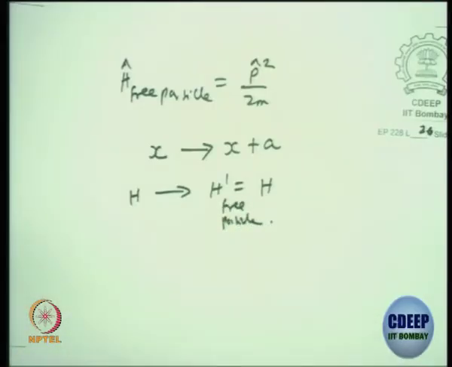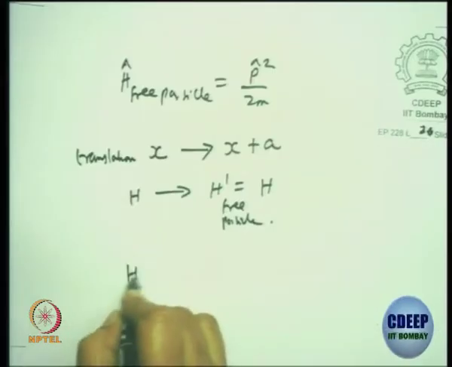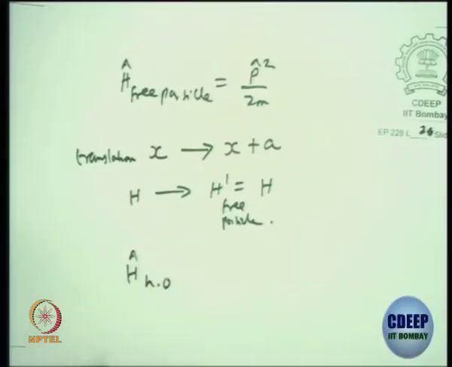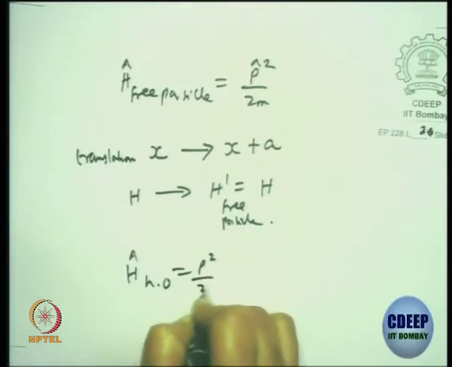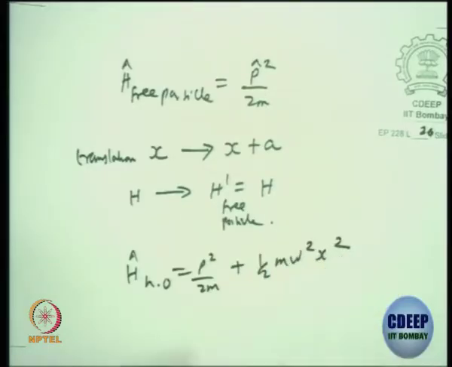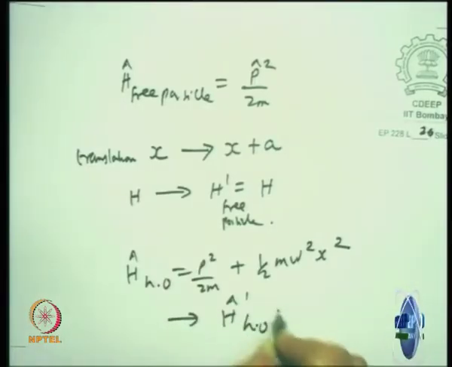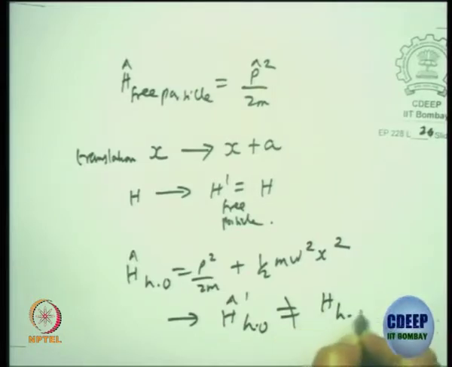You all agree? Translation. If you take the harmonic oscillator, which is p squared over 2m plus half m omega squared x squared, that goes to h prime for the harmonic oscillator, which is not equal to h.